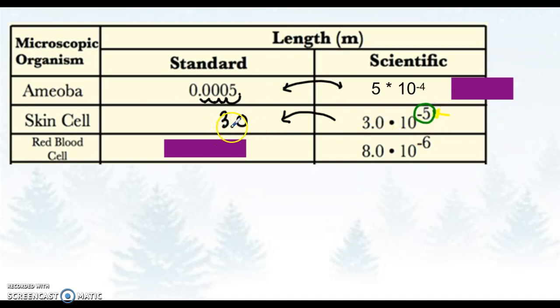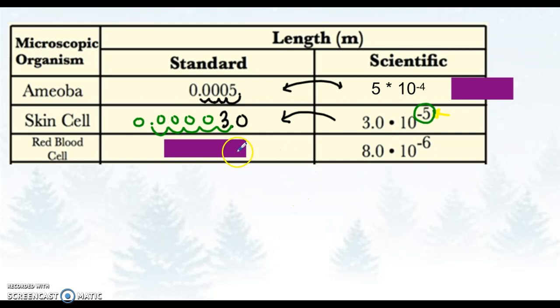That negative just tells me to go to the left because that's where our negative numbers are, on the left. So 1, 2, 3, 4, 5. And I've got to plug in those placeholders, those zeros. So 0.00003. That's what 3 times 10 to the negative 5th is.